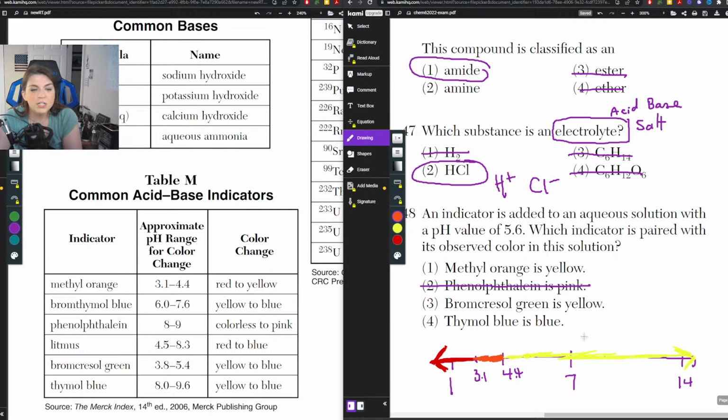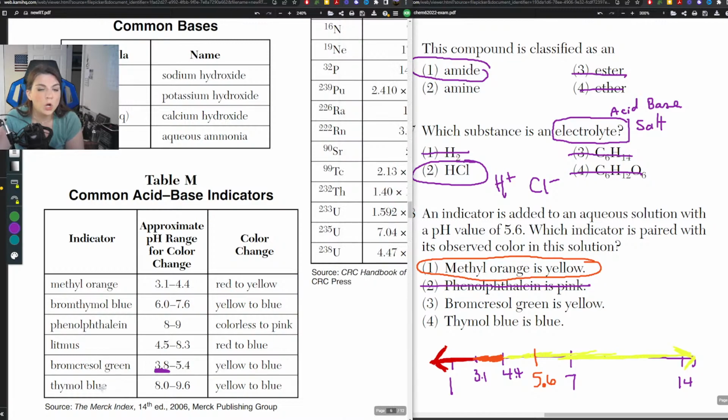So if my pH is 5.6, which would be somewhere over here, then yes, methyl orange should be yellow. The same concept applies for everything else. Bromcresol green would be yellow only if the pH is 3.8 or lower. 5.6 is going to be blue because that's going to correspond to that 5.4.